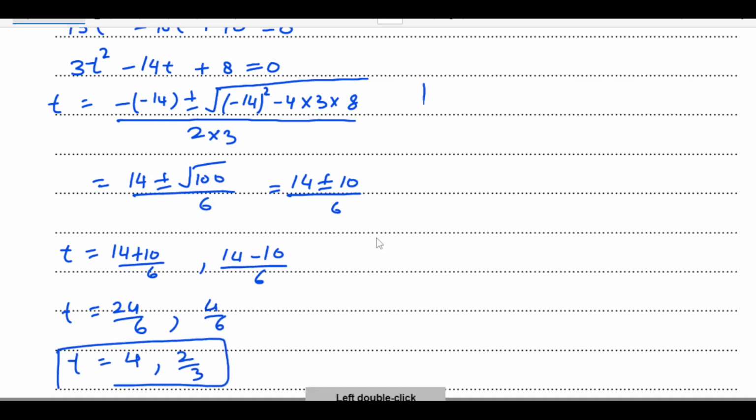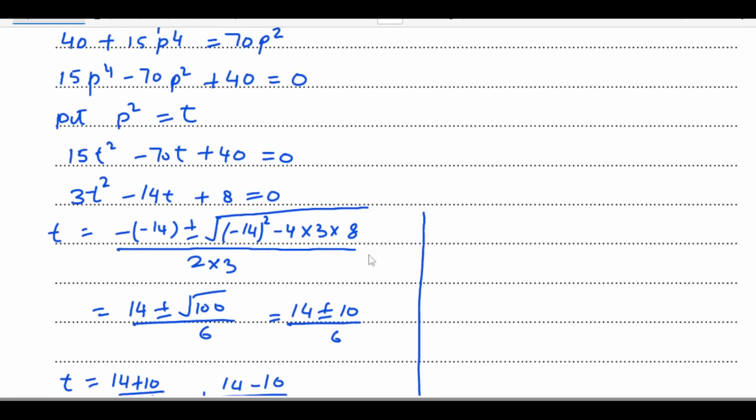Now by using t we can get the value of p. Now we substitute here, as p^2 is equal to t. So p^2 is equal to 4 and p^2 is equal to 2 over 3. So from here we are going to get p is plus minus 2.